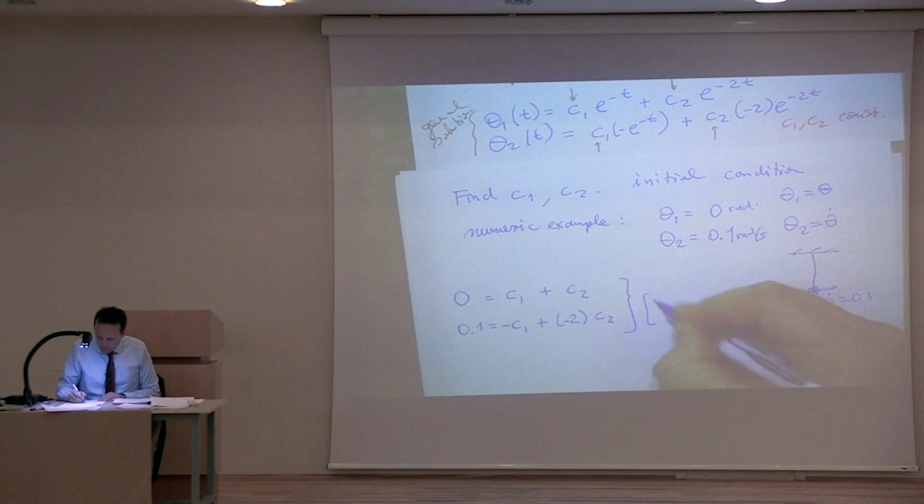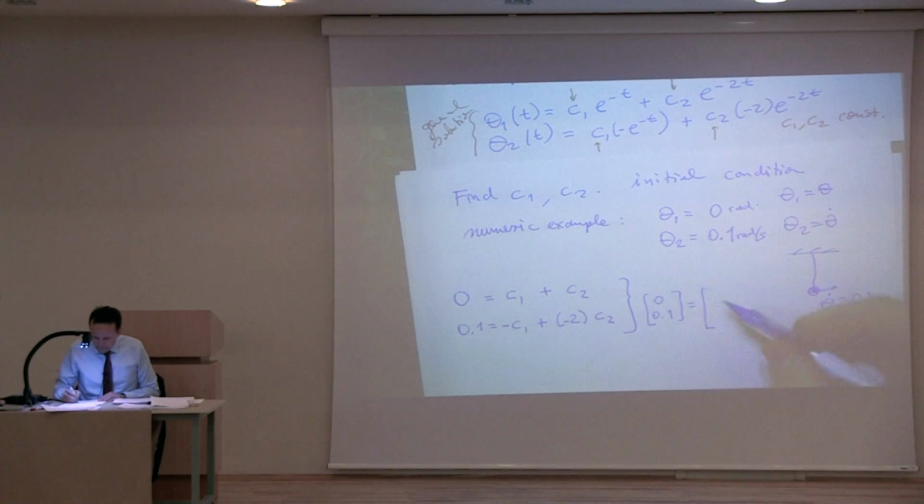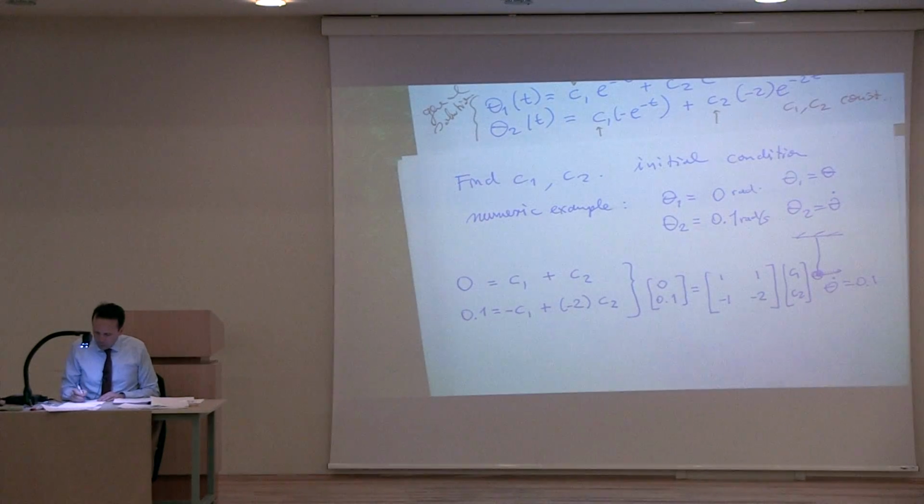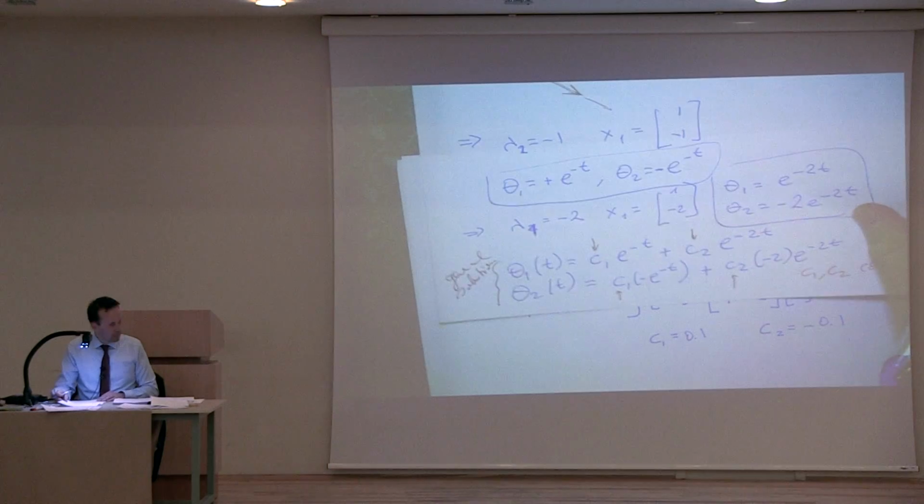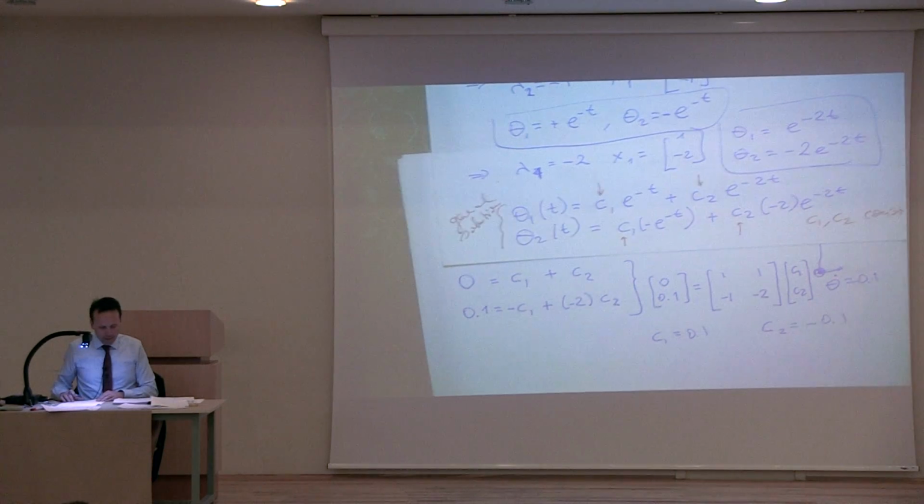So 0.1 is equal to the matrix 1, 1, minus 1, minus 2, times C1, C2, and you should be able to find C1 and C2 from here. What is it? 0.1 and minus 0.1. Perfect. Now I have finally my solution.